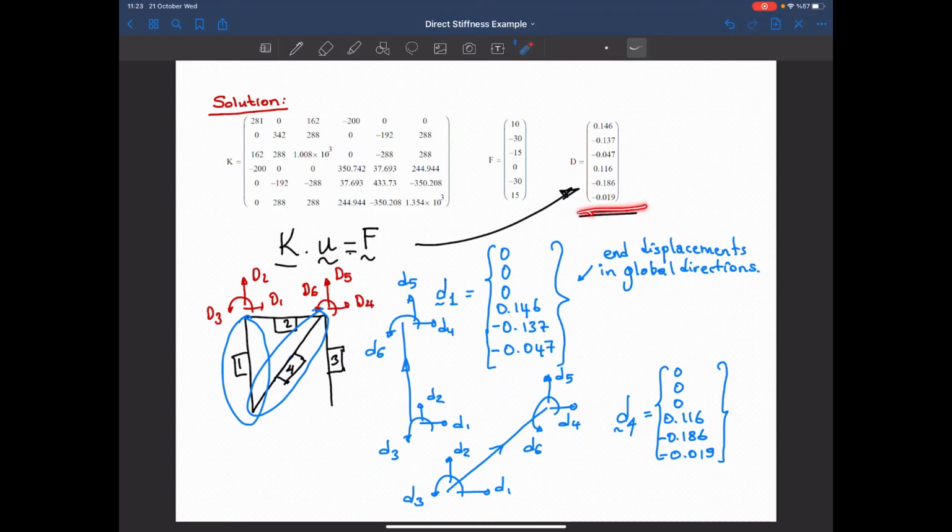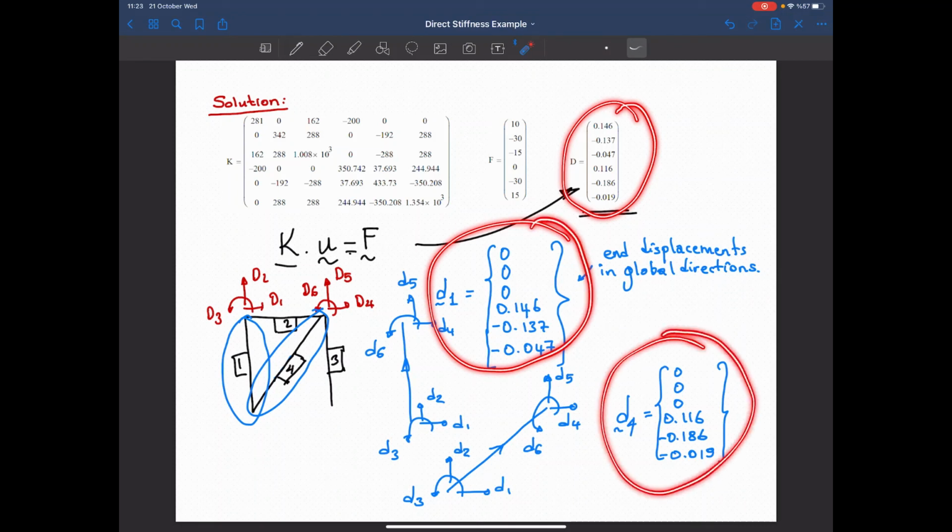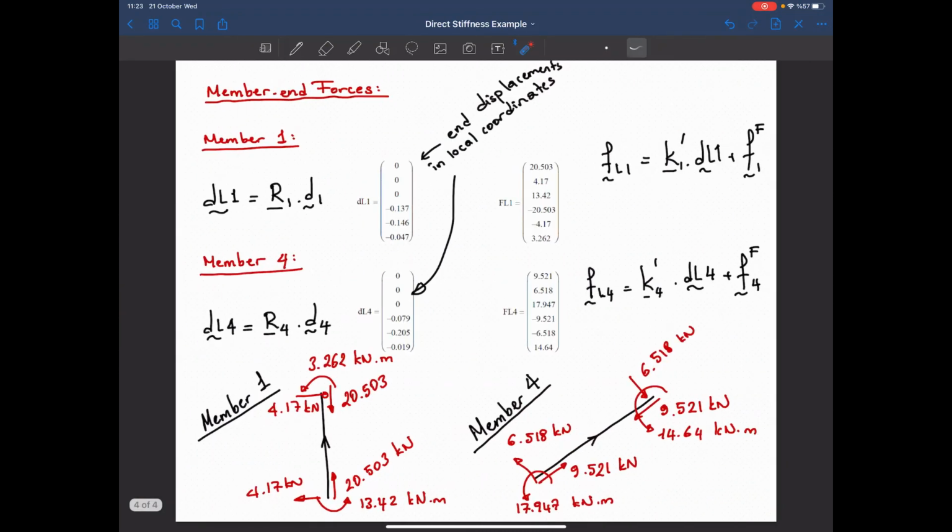Now, once we know it, again, this time we go one by one. We visit every member. We determine the end displacements in global direction. So we extract the displacements from this vector and we write the end displacement vectors for every member. And then we do a global to local transformation.